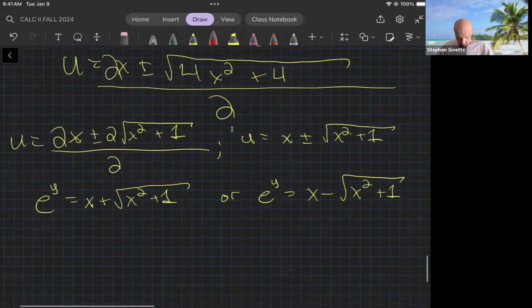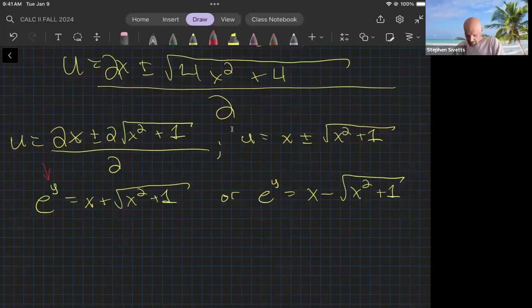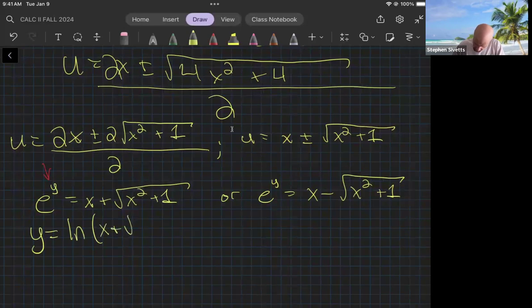Now, what we want is this y value to be defined, and e raised to a number will always be a positive number. It's an exponent. So right away, we can say that y is equal to the natural log of x plus the square root of x squared plus 1, if I take the natural log of both sides of this expression.